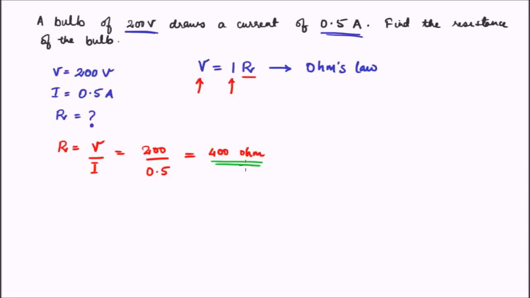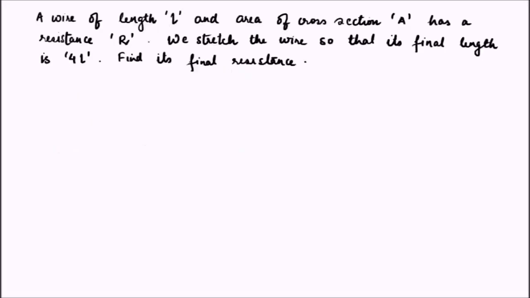Let's see another example. This is our second question, which says that a wire is provided which has a length L and area of cross section A. This wire has a resistance R. We stretch the wire such that the final length becomes 4L. We are asked to find the final resistance.